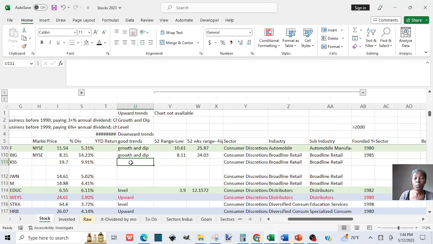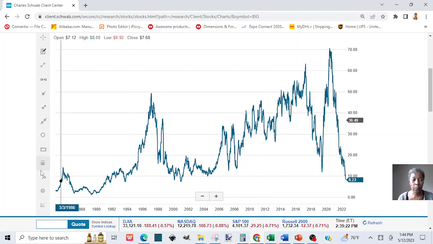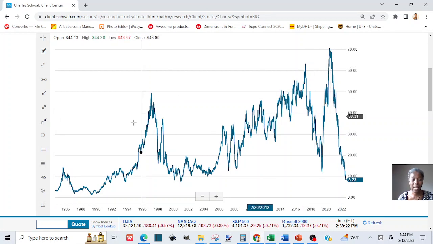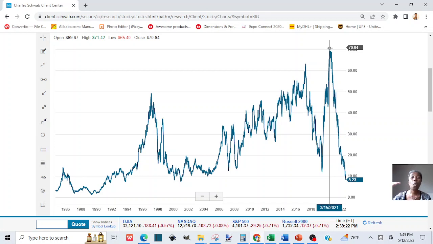If you look at the chart, somebody that purchased it at $3.52 in 85, and it reached $70 in 2021, $3.52 to $70.94, well, that is a big appreciation. So you want a company that is showing upward growth, that you know is going to continue appreciating in value.